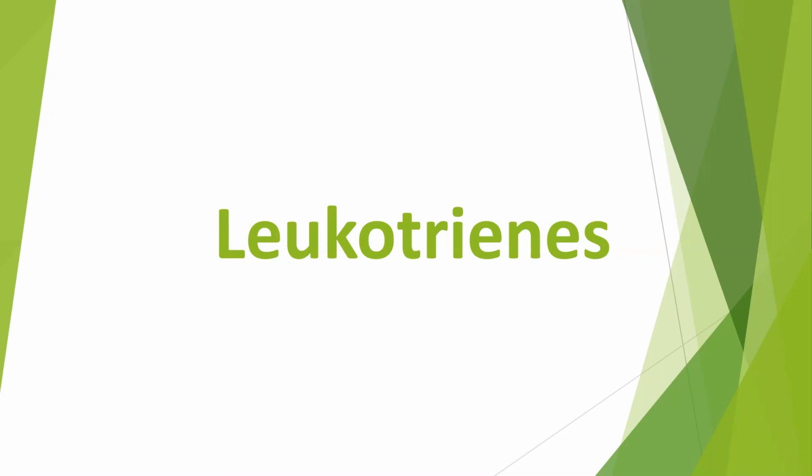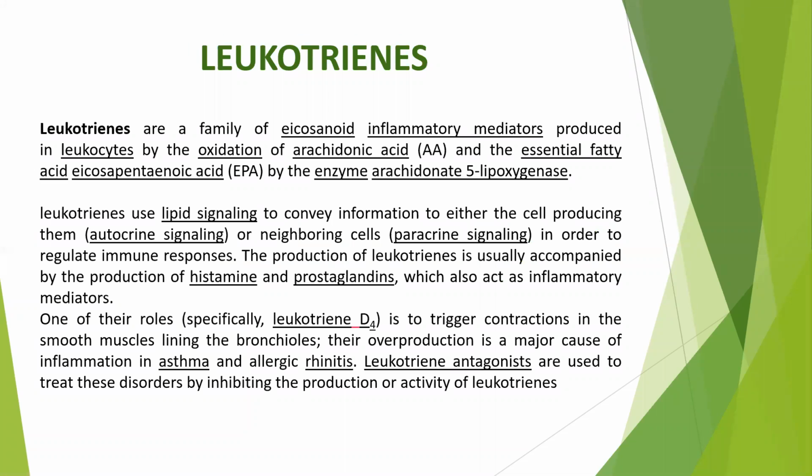Today we will discuss leukotrienes. Leukotrienes are a family of eicosanoid inflammatory mediators produced in leukocytes by the oxidation of arachidonic acid and the essential fatty acid eicosapentaenoic acid, EPA, by the enzyme arachidonate 5-lipoxygenase.